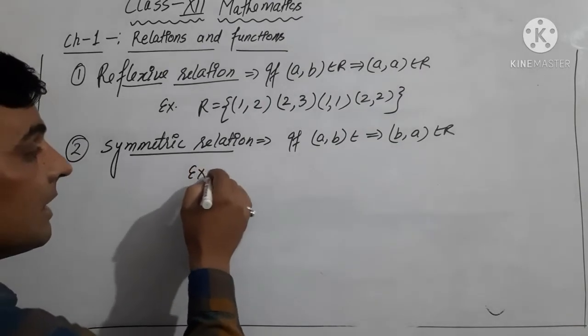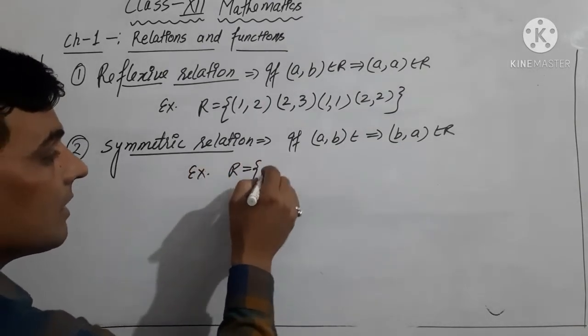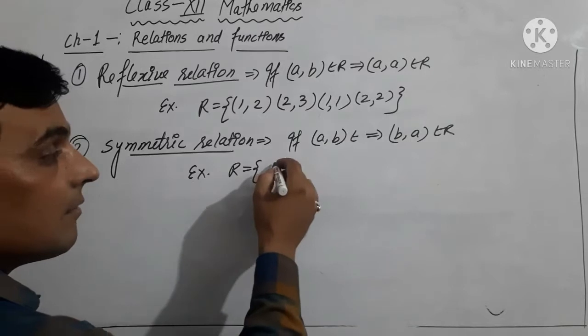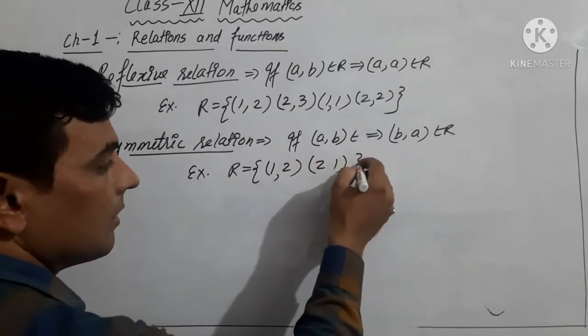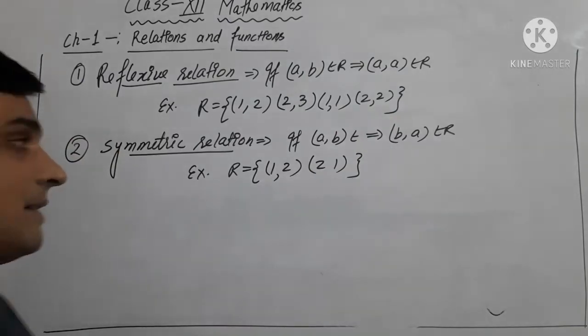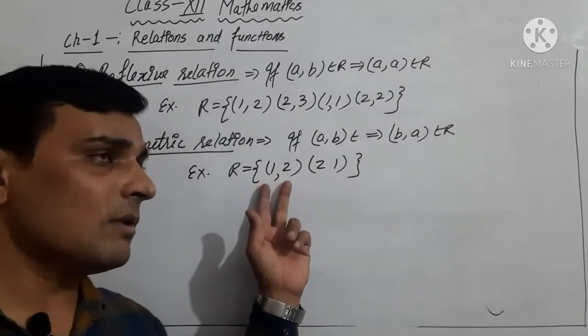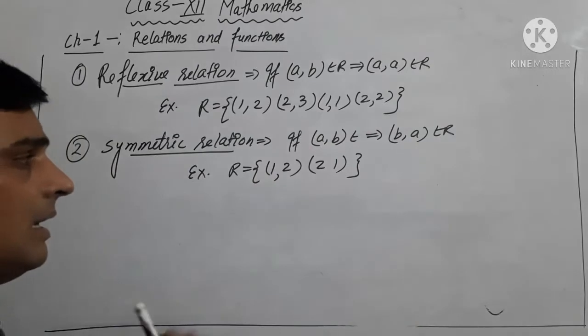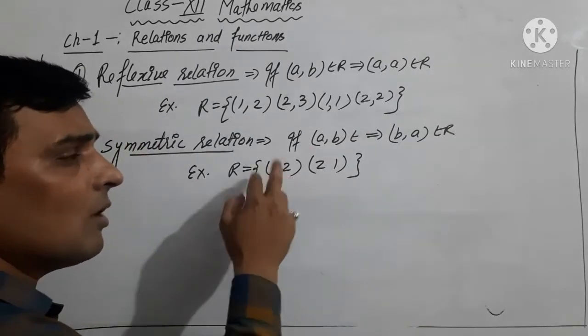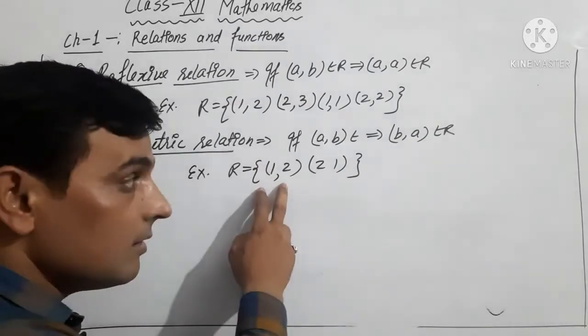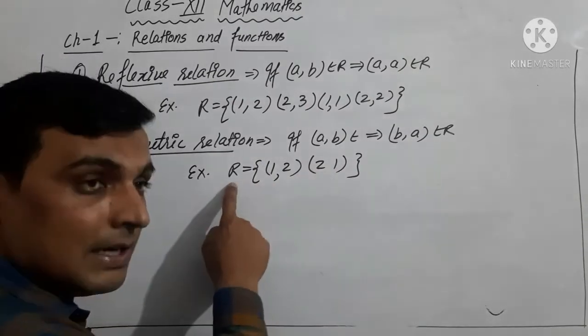I am again taking an example of a relation 1 comma 2 and 2 comma 1. For first ordered pair, A comma B belongs to R, then B comma A belongs to R. 1 comma 2 belongs to R, then 2 comma 1 should also belong to R, which is present in the relation.